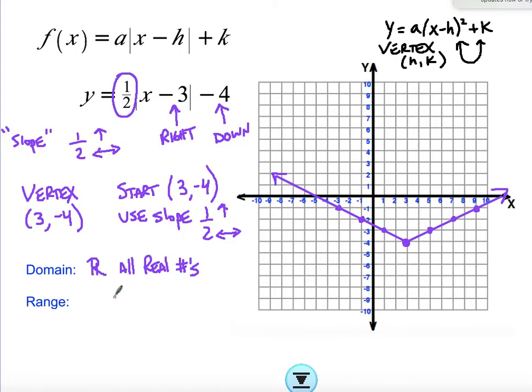But the range are your y values, and there's no y values down here at all. So looking from bottom to top, the smallest y value is here at -4, and then all these y values are above it. So it can equal -4, and then it's everything above -4. So that would be greater than or equal to -4.